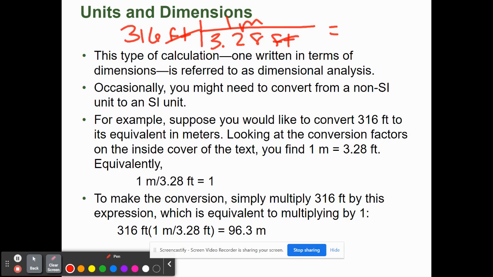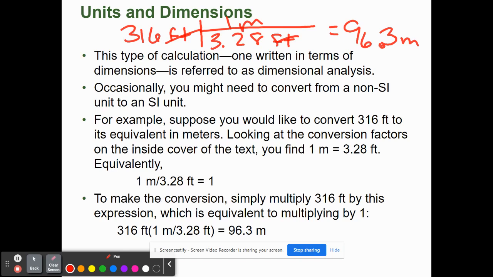we get 96.3 meters. All right, so I'm going to stop right here and jump ahead just a minute and talk about significant figures. We mentioned significant figures in chemistry last year, but we didn't focus on them a whole lot. In physics, we tend to focus on them a lot more. Significant figures says that your answer cannot be more accurate than the measurements you took to start with.